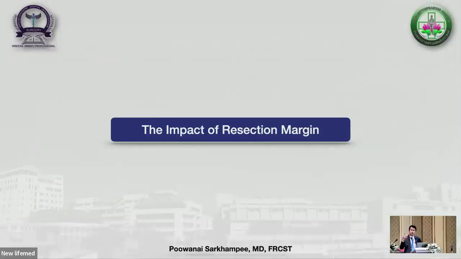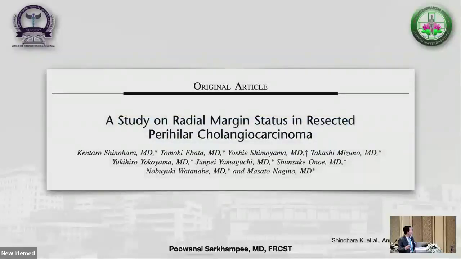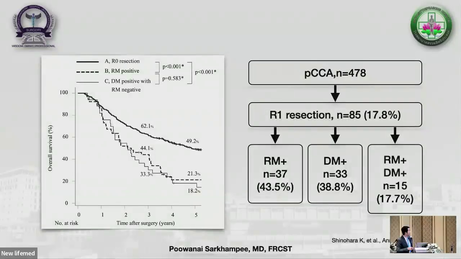And the question is, is the survival outcome comparable between radial margin and ductal margin? I think this is the largest and most comprehensive study about the radial margins, from Professor Ebata, Nagoya. They collected the data of R1 resection patients and divided them into a radial margin group and a ductal margin group.